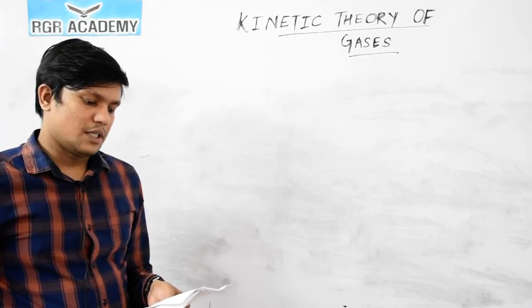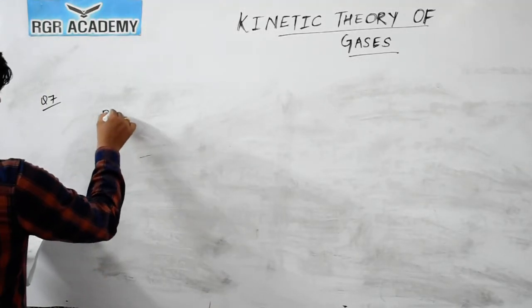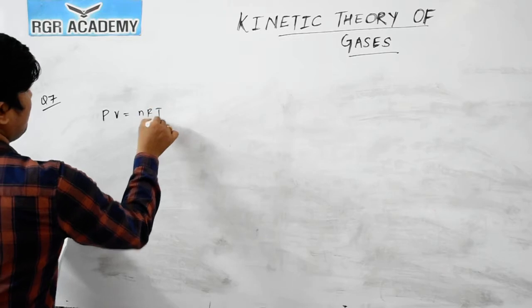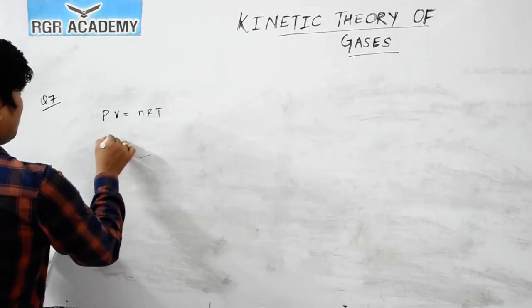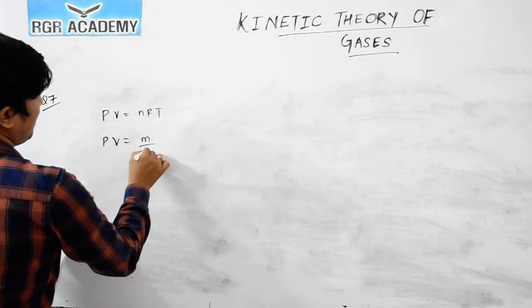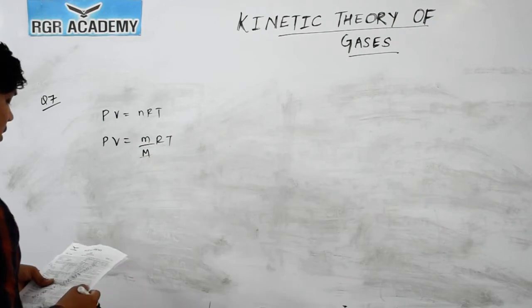Find out the volume of gas. So they are asking the volume of gas. We know that PV is equal to nRT. So what they have given is 2 gram of gas. So PV we can write as small m by capital M into RT, where small m is the mass, capital M is the molecular mass.